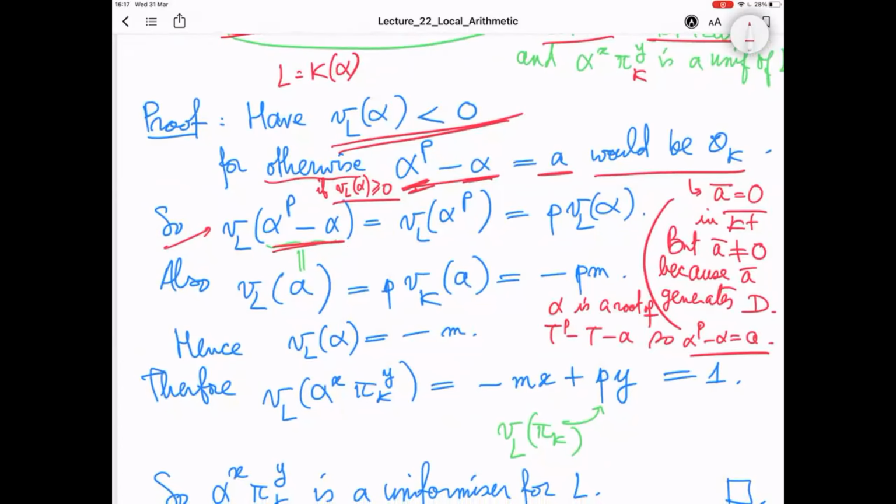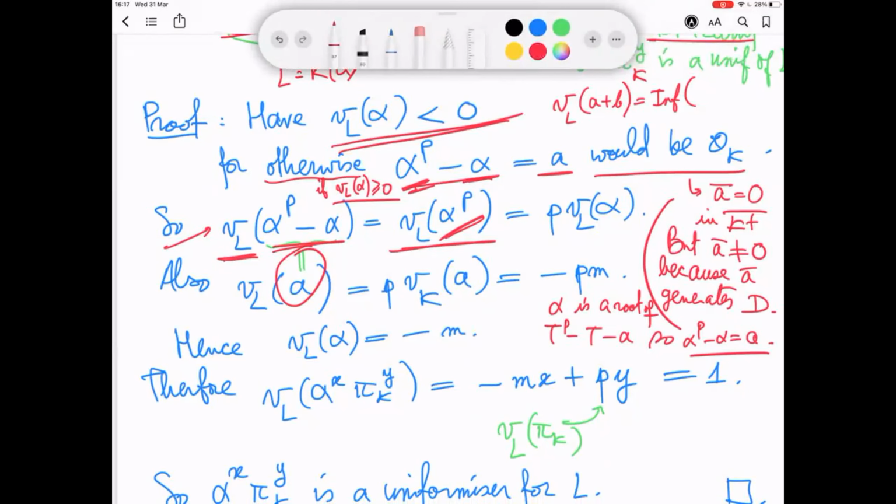So alpha to the P minus alpha is equal to A on the one hand, but its valuation has to be the valuation of alpha to the P because, you know, VL of A plus B is equal to, or let me put it this way, the valuation of A plus B is VL of A if VL of A is strictly less than VL of B. Right?